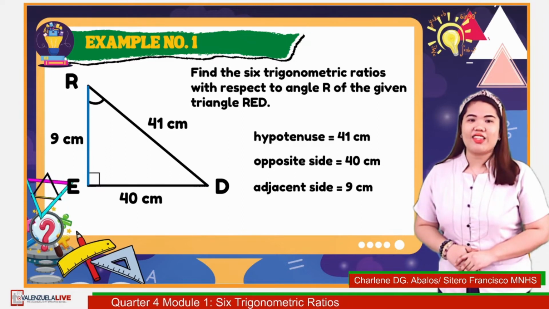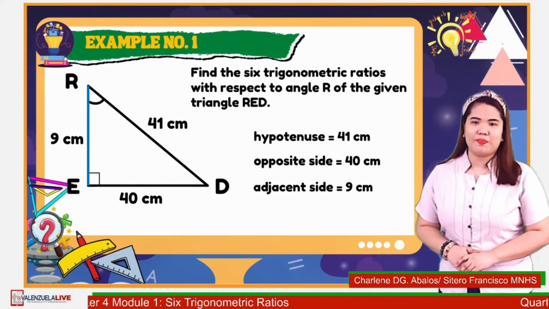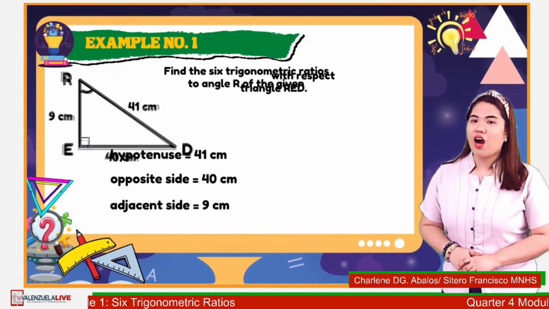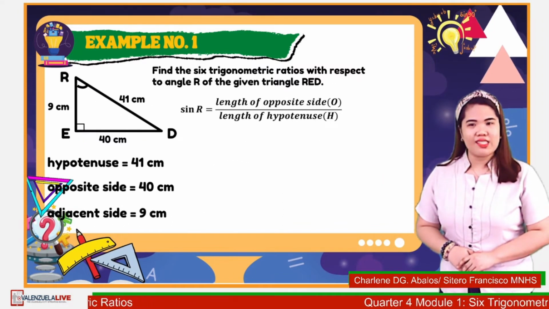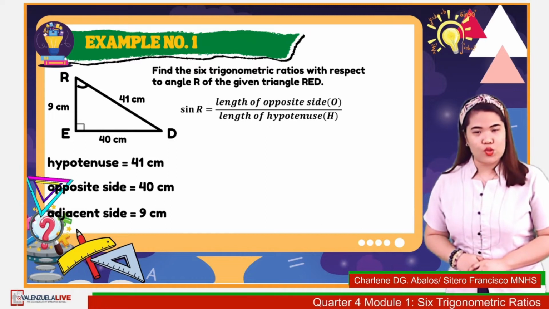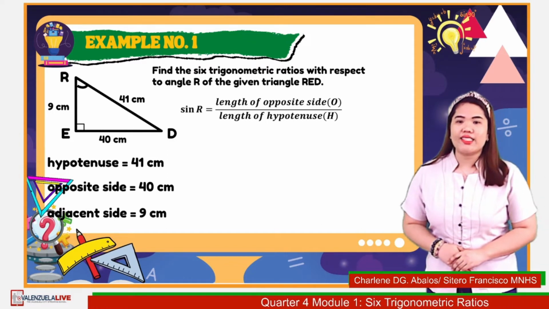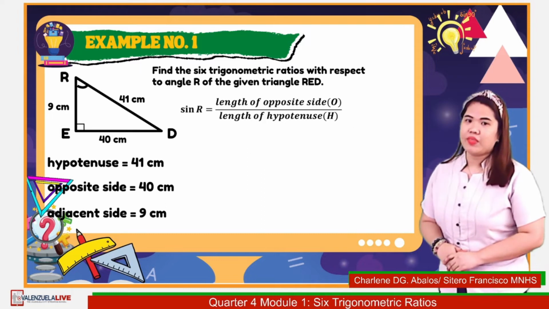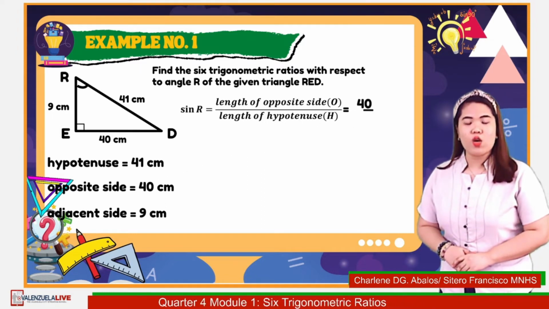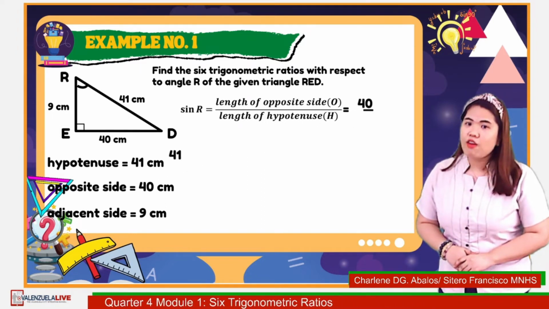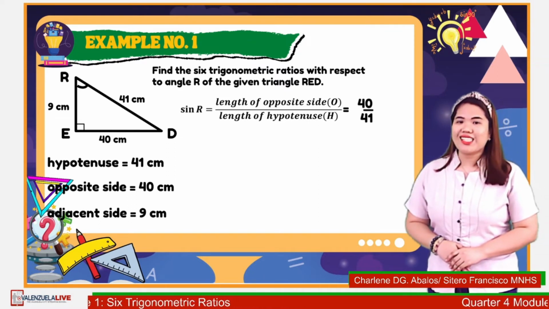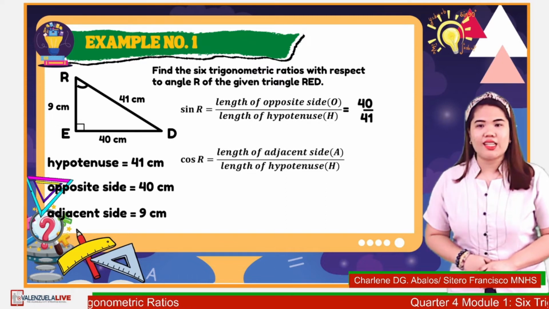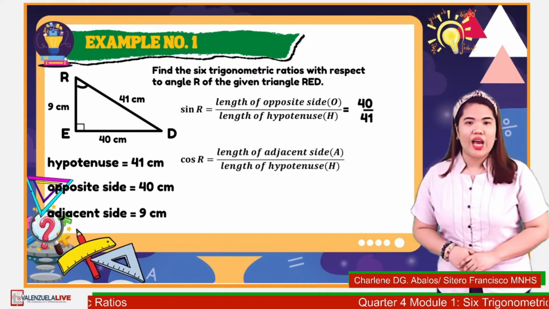Now, let's get the trigonometric ratios. For sine R, we have opposite side over hypotenuse. Opposite side is equal to 40 and hypotenuse is equal to 41. We have 40 over 41. Cosine R, we have adjacent side over the hypotenuse.